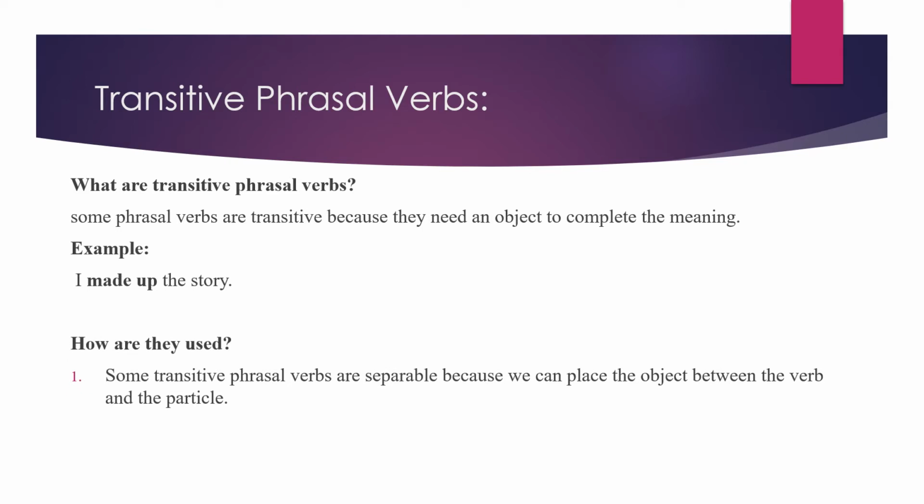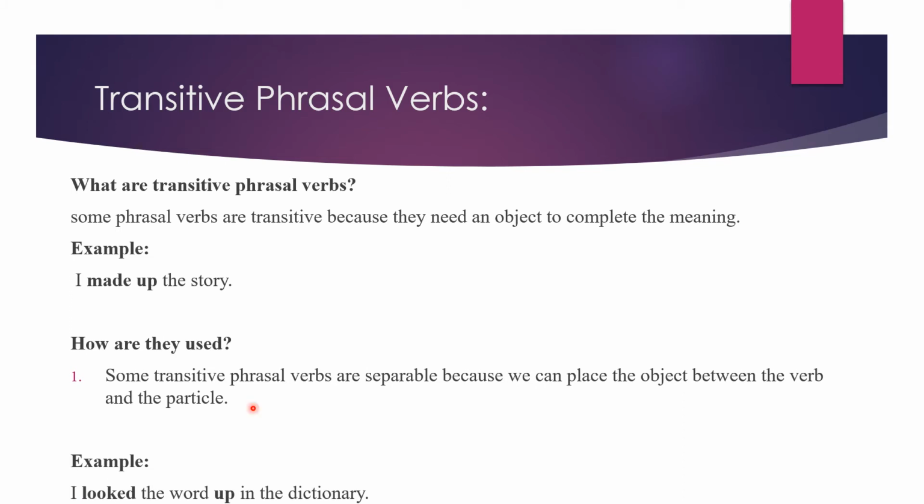Now we will see the different ways in which these phrasal verbs are used. The first one is: some transitive phrasal verbs are separable because we can place the object between the verb and the particle. The particle is the preposition or the adverb that is placed after the verb. So over here made is the verb and up is the particle.